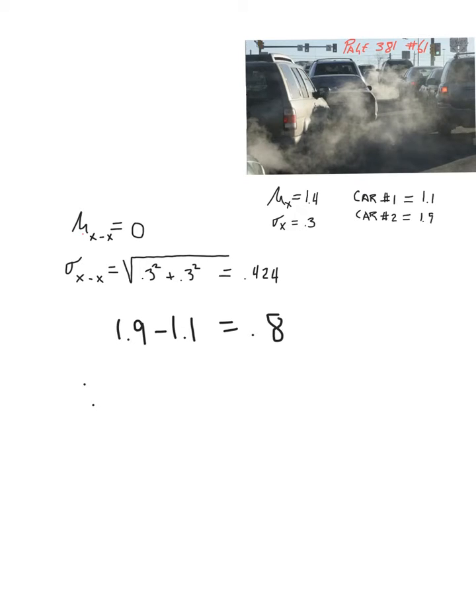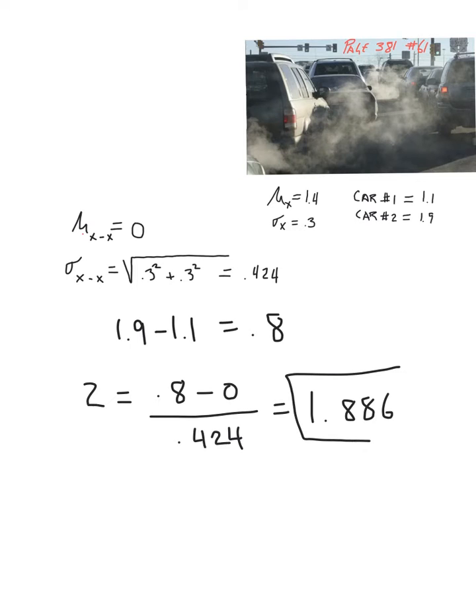Our z-score is going to be the value we're interested in, which is 0.8 minus 0, divided by the standard deviation. There it is. Let me do that. So that value looks like it gives us 1.886.